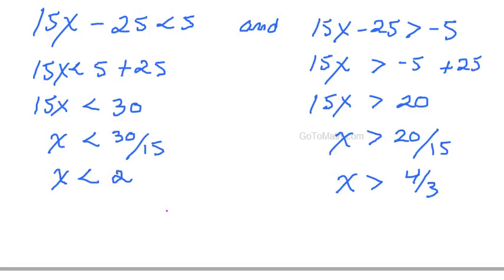So now let's go over here, draw a number line, and let's see what we got. Well, I'm going to plot 2 here on the number line, and let's actually use blue. And of course we use an open circle, and we'll do this up here on the top. So that's everything to the left of 2. Now what is 4/3? Well, 4/3 is less than 2, right?